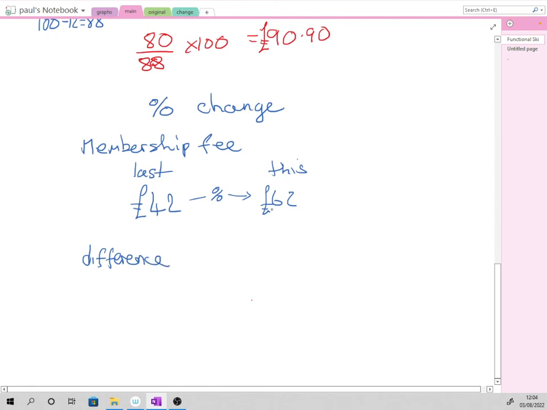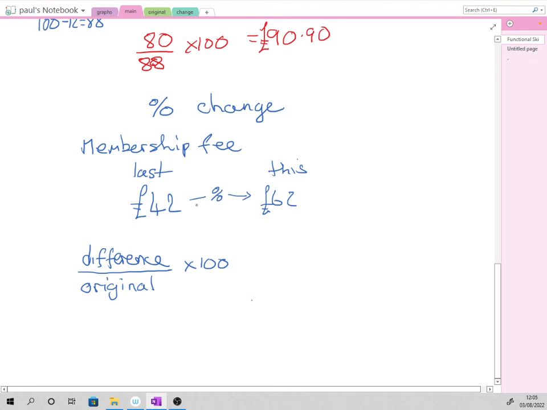That's the difference between these two numbers over the original. Yeah, the original is the first number, times 100. Now, if this has gone down, it doesn't make any difference. You're still going to have difference over the original.